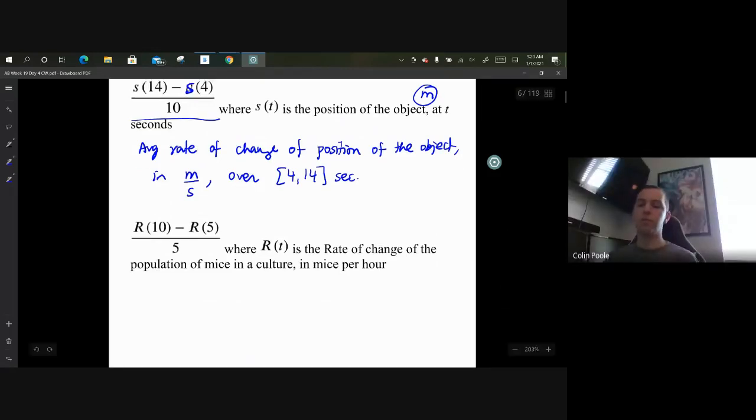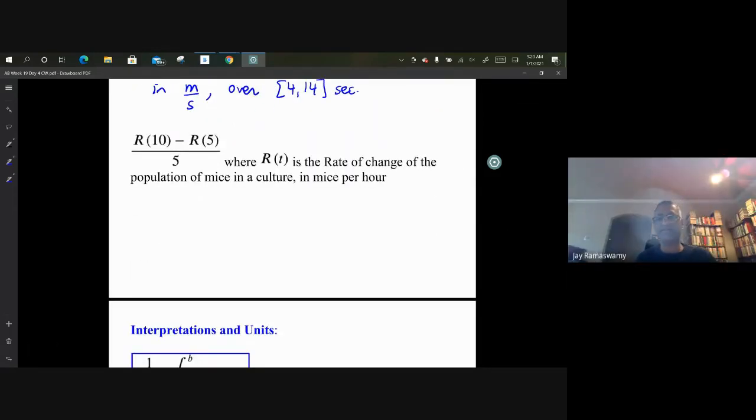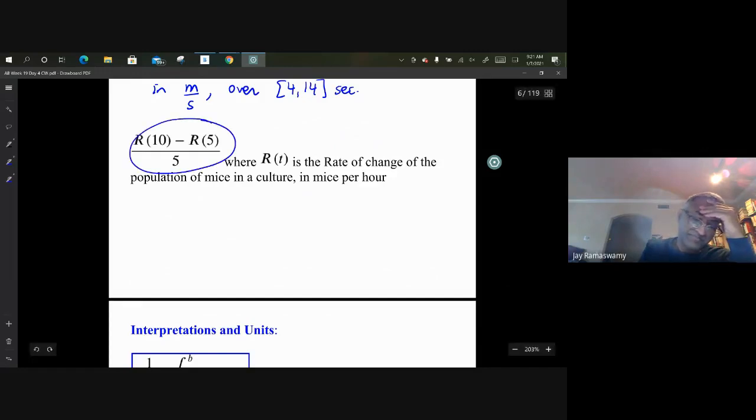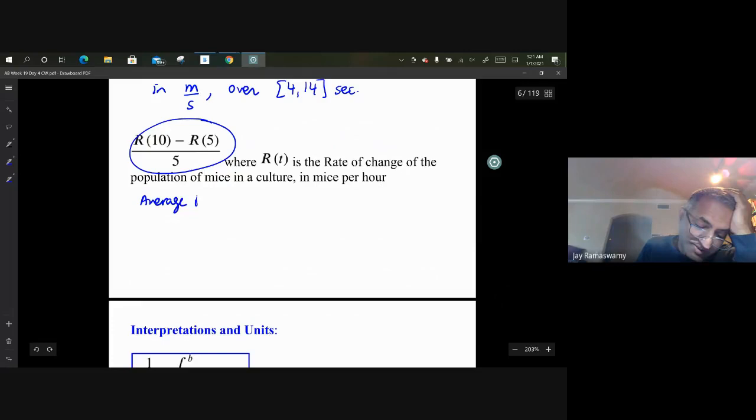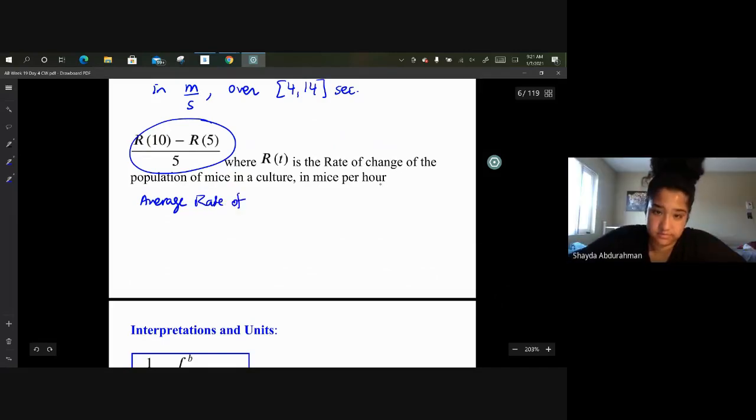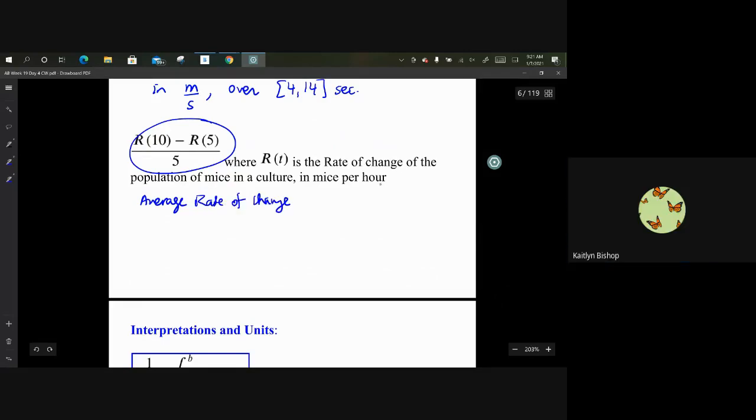Okay. Let's do another one. Copy it on the bottom. So let's write the interpretation. It is the average rate of change of the population of mice.